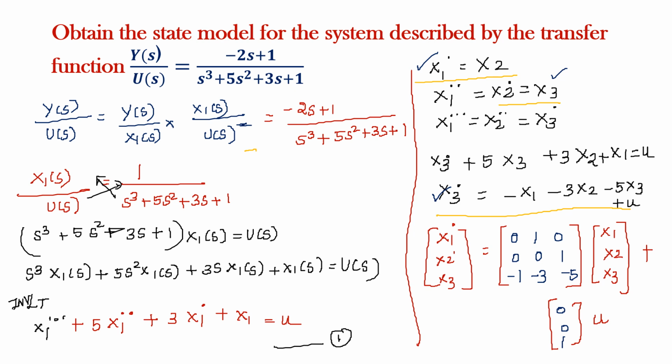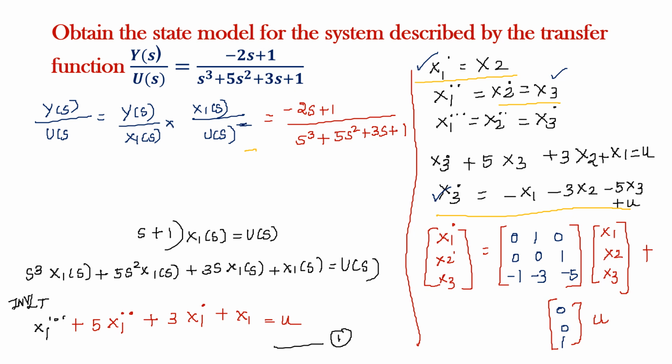Next, I am going to find out the output equation. To find out the output equation, you have to take y of s by x1 of s. Now y of s is in the numerator, so you have to consider the numerator term.